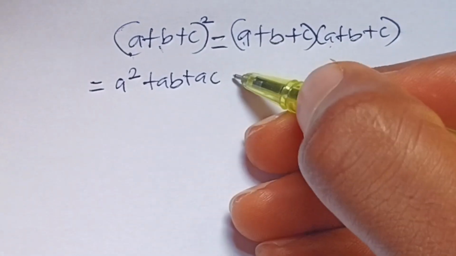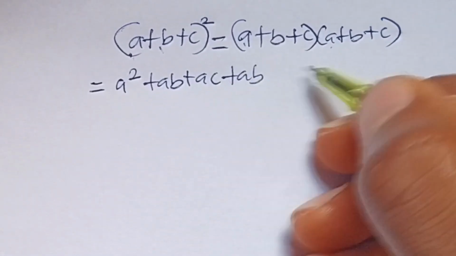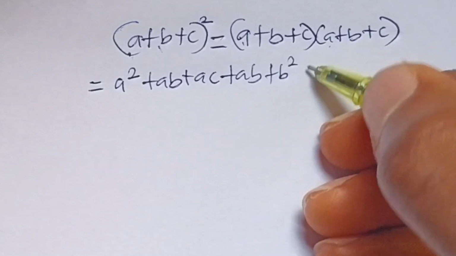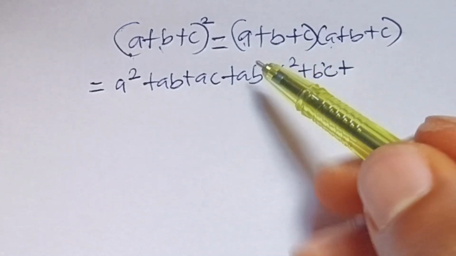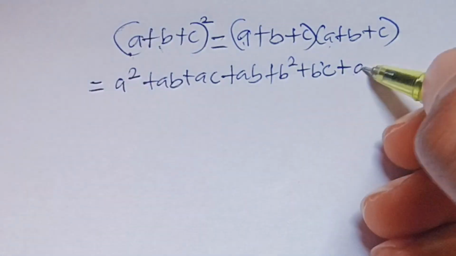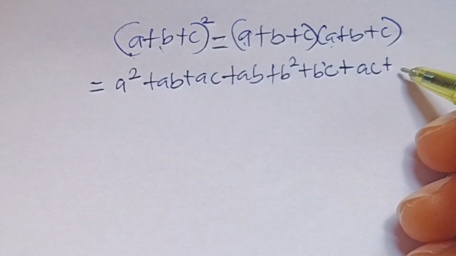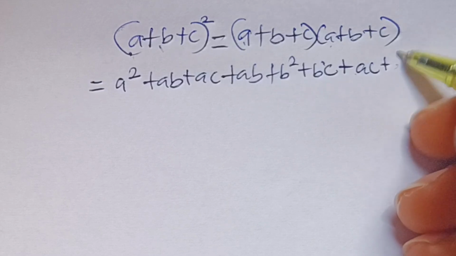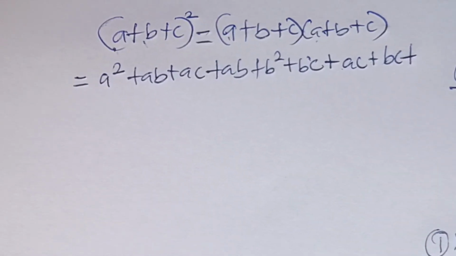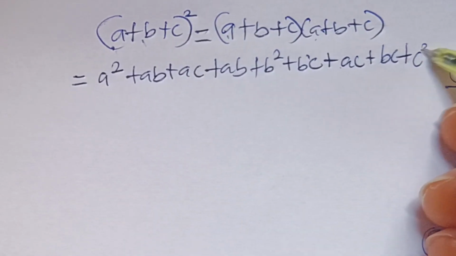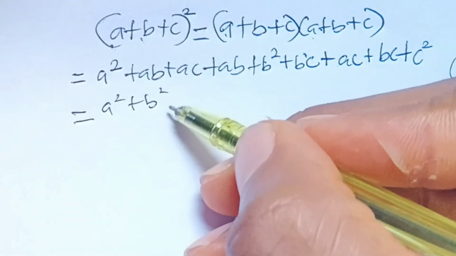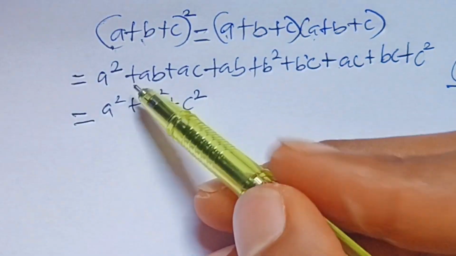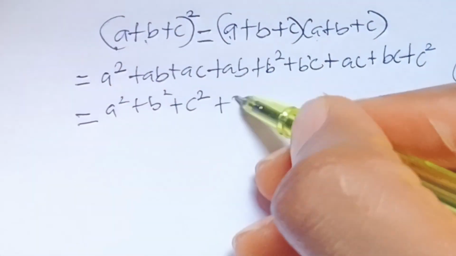The same thing, B times A is AB, B times B is B squared, B times C is BC. C times A is AC, C times B is BC, and C times C is C squared. Now rewriting, this becomes A squared plus B squared plus C squared, plus 2AB.